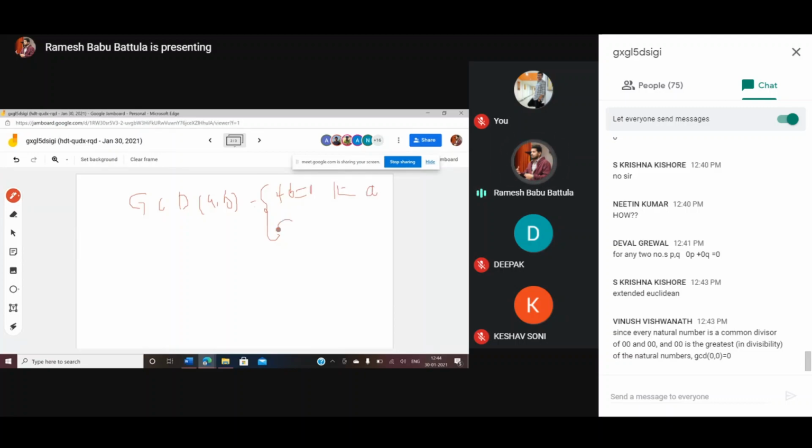Otherwise, you have to find GCD of B comma A mod B. You need to run this iteratively till the last element comes to you. The last element might be either 1 or 0.